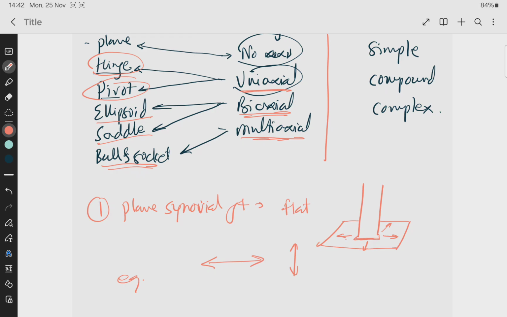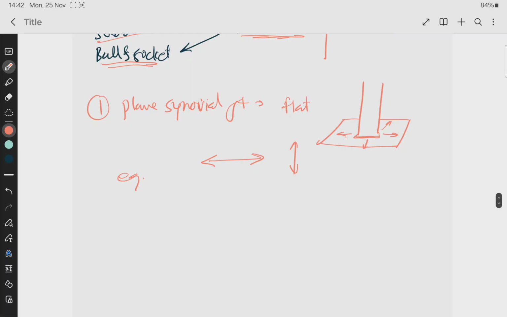So plain synovial joint examples: intercarpal, intertarsal, intermetatarsal, intermetacarpal joints, joints between the articular processes of vertebrae, costovertebral joint, costotransverse joint, acromioclavicular joint, chondrosternal joints except the first, and the sacroiliac joint.